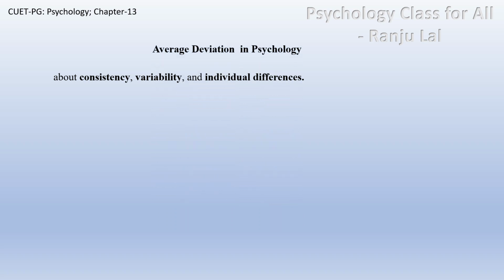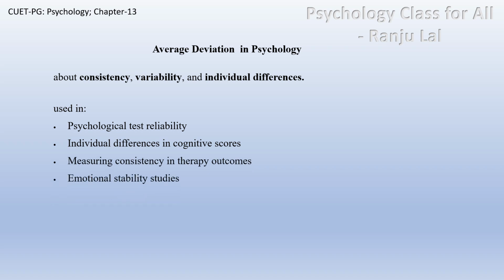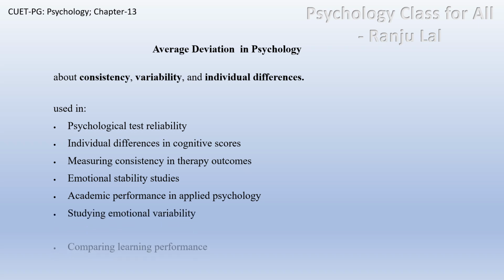Now why does average deviation matter in psychology? Because it tells us about consistency, variability and individual differences, which is central to psychology. It is often used in psychological test reliability, individual differences in cognitive scores, measuring consistency in therapy outcomes, emotional stability studies, academic performance in applied psychology, studying emotional variability, and comparing learning performance.